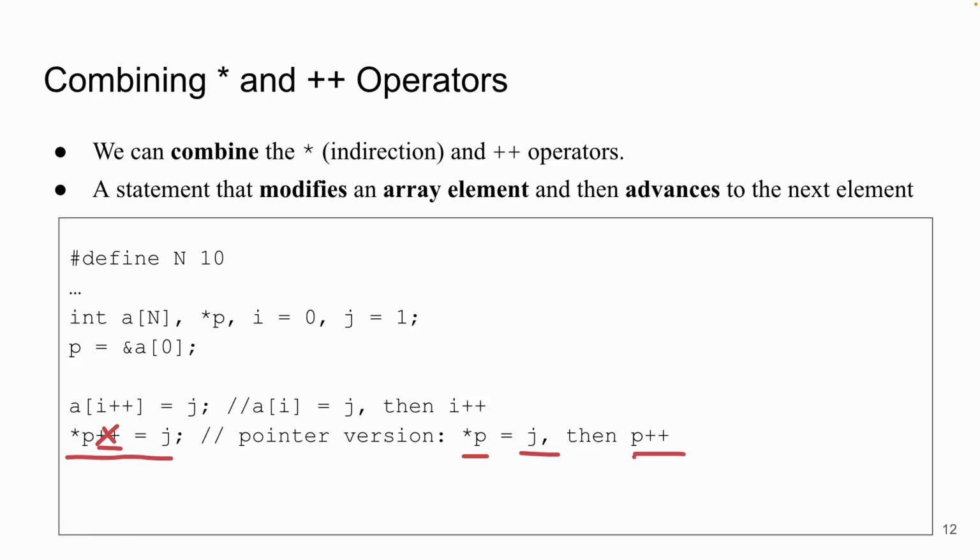So we then evaluate p++, and p will point to the next element in the array A, because p originally pointed to A[0]. So you can see how we can combine the indirection operator and the postfix increment in one line to complete both things. We assign the value and then increment p.